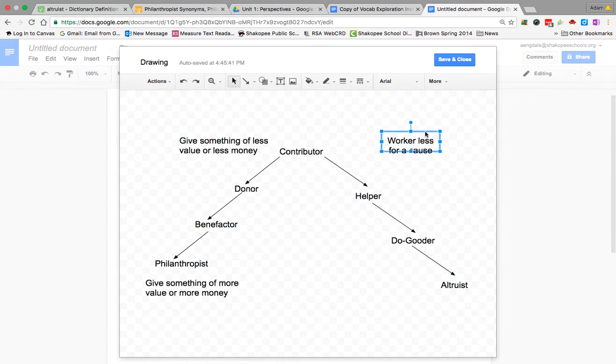But when you're talking about an altruist, I feel like you're talking about someone who really almost is giving their life to a cause. So they work less for a cause, they devote less time, maybe I like that better, devote less time to a cause, and devote more time and energy to a cause.